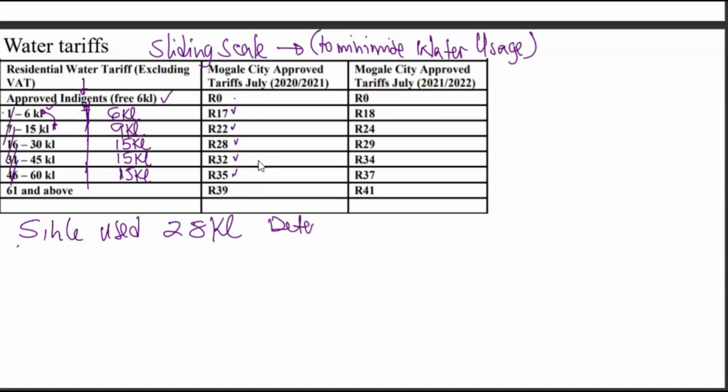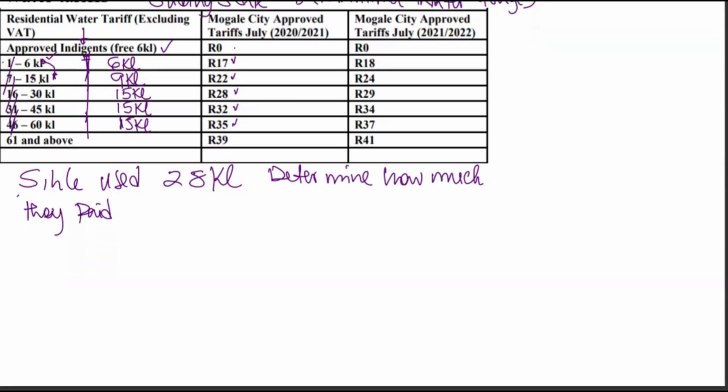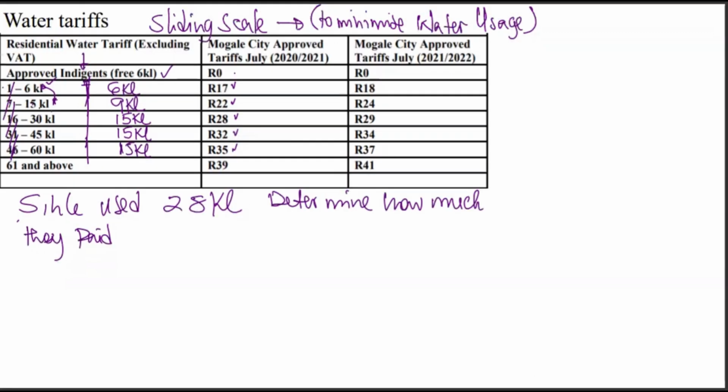Determine how much they paid. So how do we determine this? The kiloliters the person used have to go through all the blocks.